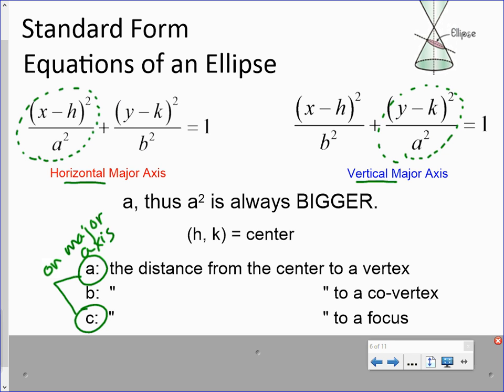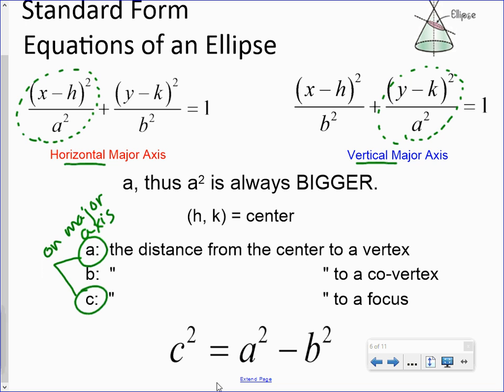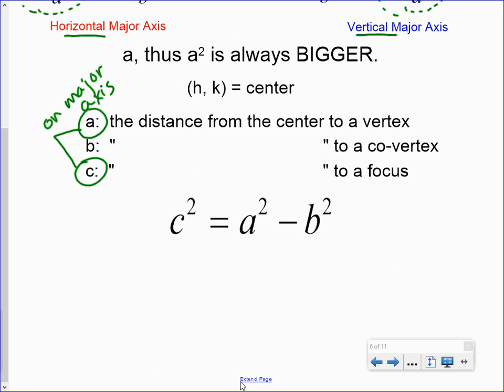The big question is, what the heck is C? How will we find that distance? In order to determine the value of C, we're going to use a statement that looks very similar to the Pythagorean theorem, but be very careful in the ellipse. Make sure you write this down correctly. It is not the same as the Pythagorean theorem because it's c squared equals a squared minus b squared.